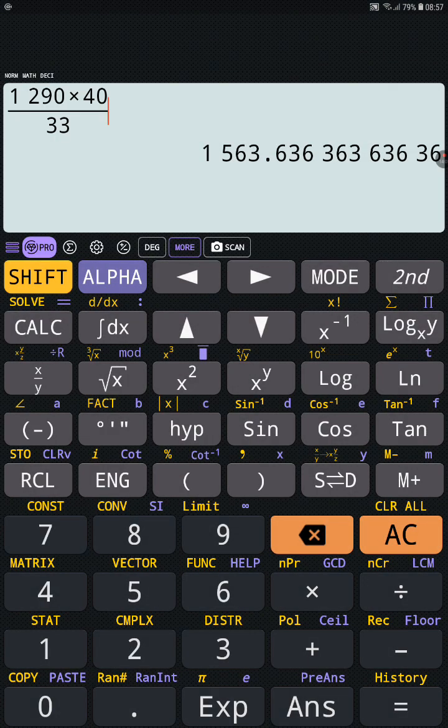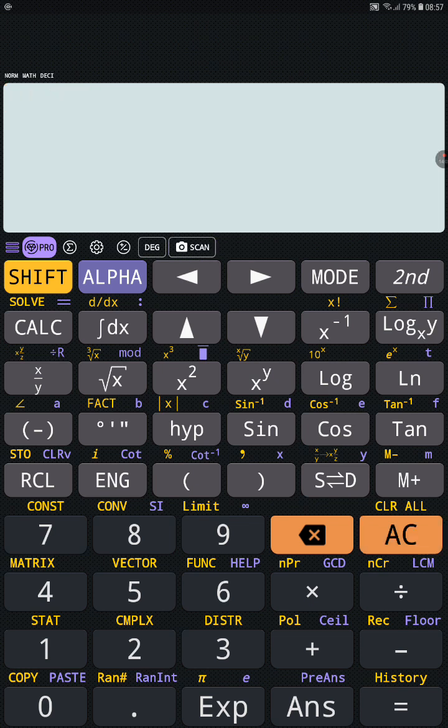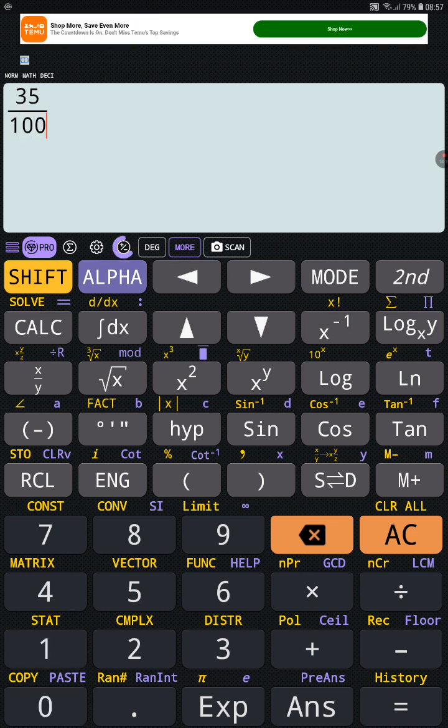Okay, so here we're going to say 35 times... or we can just say, because we know 35 divided by 100 is going to give us 0.35.